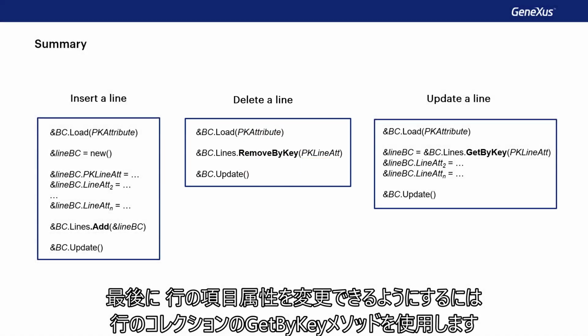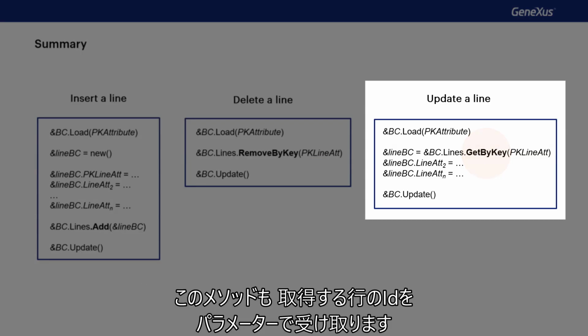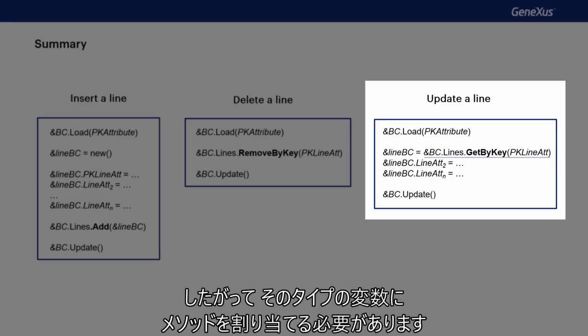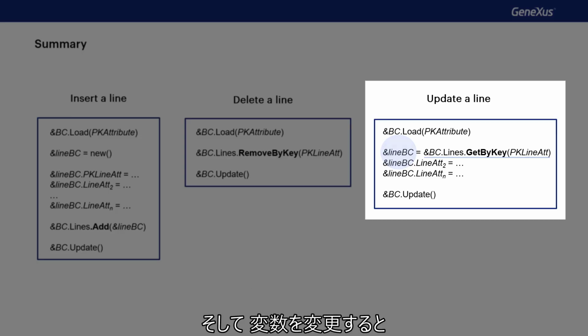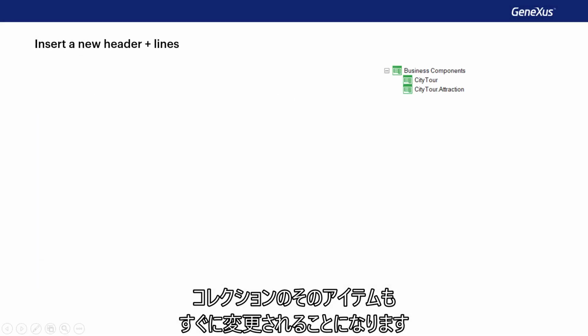And finally, to be able to modify some attribute or attributes of a line, we have the getByKey method of the line collection, which also receives by parameter the ID of the line we want to obtain. This method returns a reference to the business component corresponding to that line. So, we must assign the method to a variable of that type. Then, when changing the variable, we will already be changing that item in the collection.